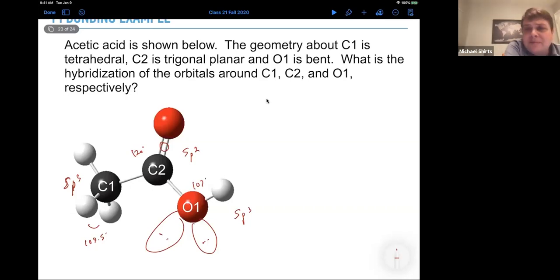And this becomes quite important, because the exact angles and geometries of organic molecules like this are important for molecular recognition. If you're looking at protein-drug binding, and some of the research I do involves that, knowing the geometries is pretty important.